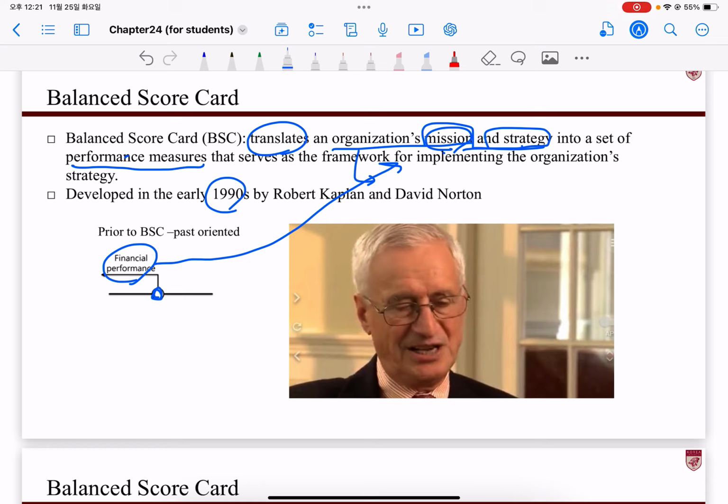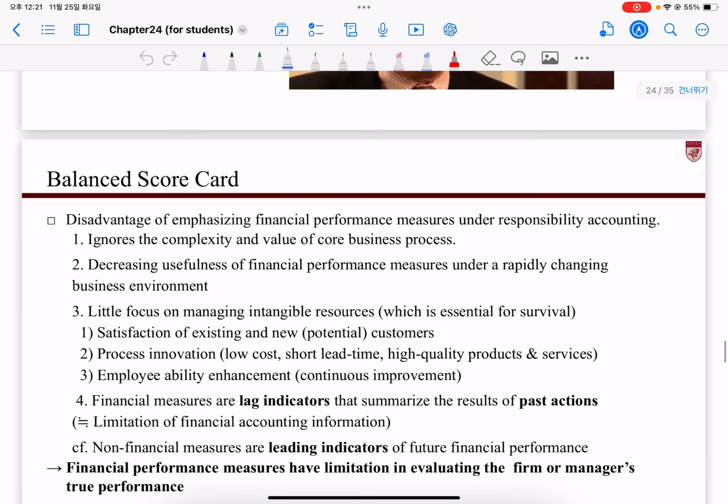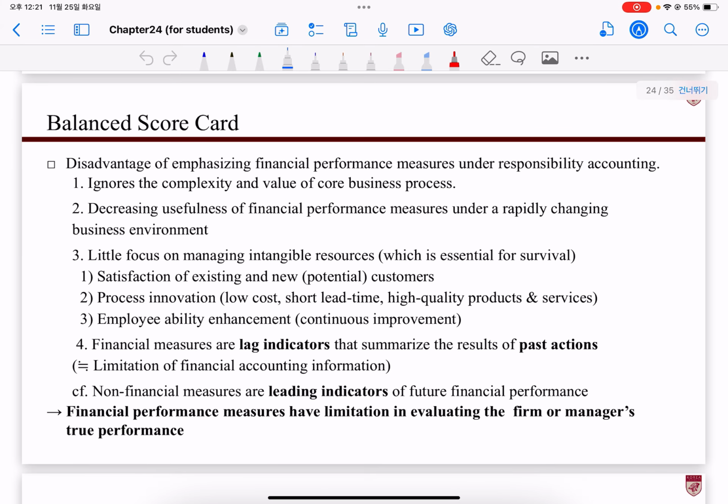Okay, so where was I? Yeah, so instead of just looking at financial, they're saying, why don't we incorporate the non-financial measures as well? Okay, and then we want to align with the company's mission and strategy. So they highlighted the disadvantage of only focusing on financial measures.